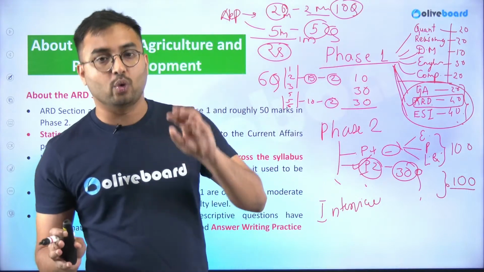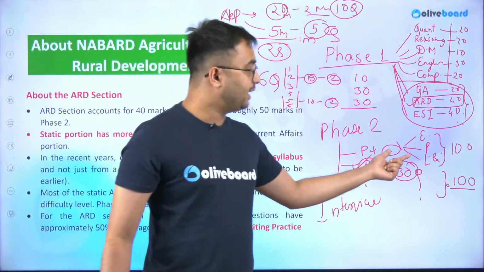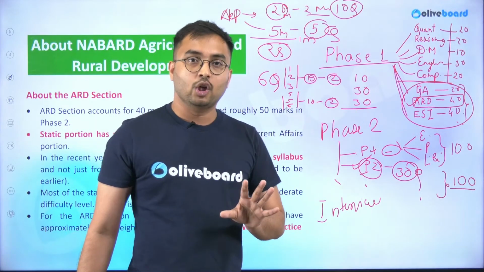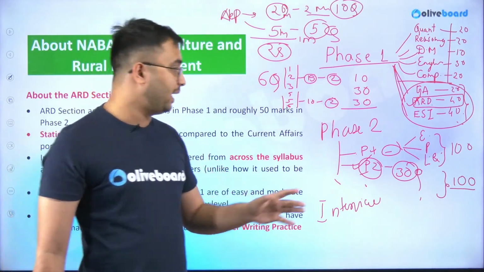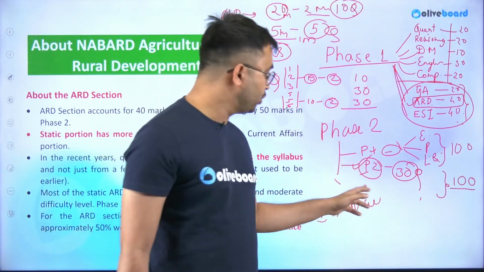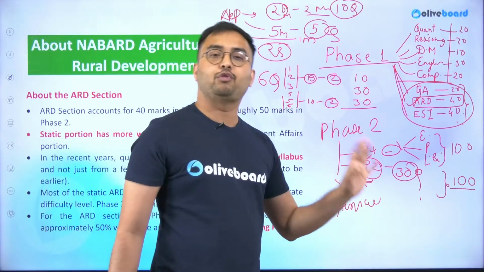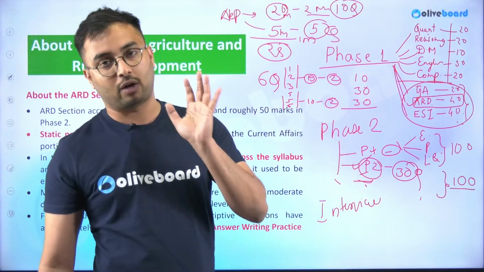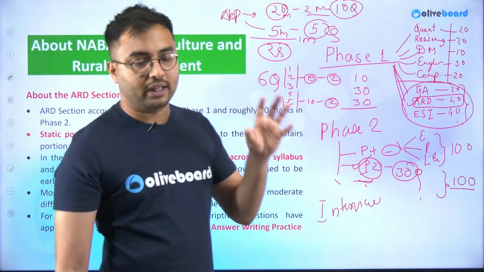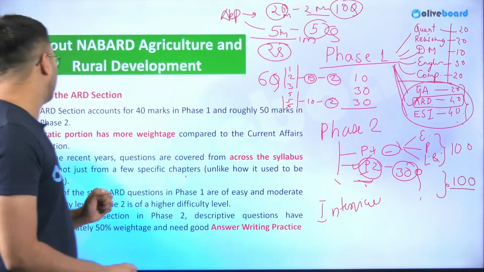Go through the previous year questions: every year there is an agriculture-based essay topic. So in total, a maximum of 80 marks are there for agriculture and rural development, and at minimum, in paper 2 of phase 2, 50 for ESI and 50 for ARD. This shows you the importance of agriculture and rural development.